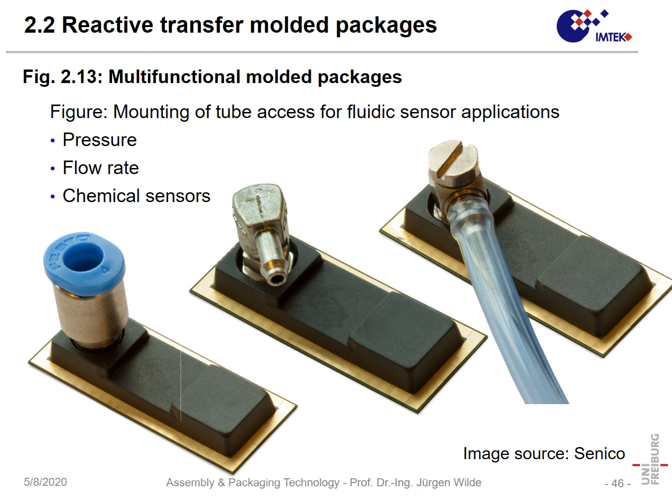And one of the things is, could it be possible not only to make a hole on top of the molded package, but to attach something? For instance, we want to attach some tubing, for instance, for pressure measurement, or if we have two such things, we can make a flow sensor and similar things.